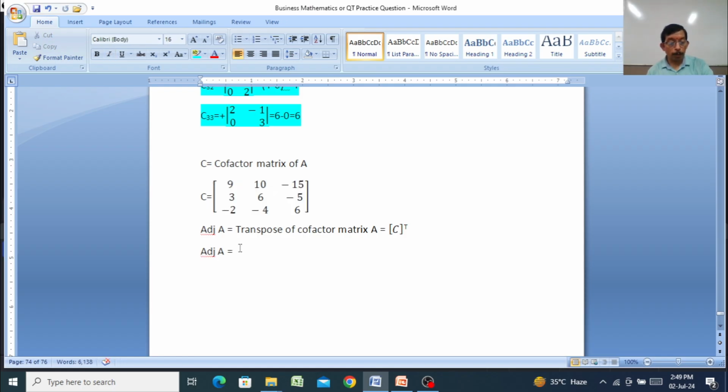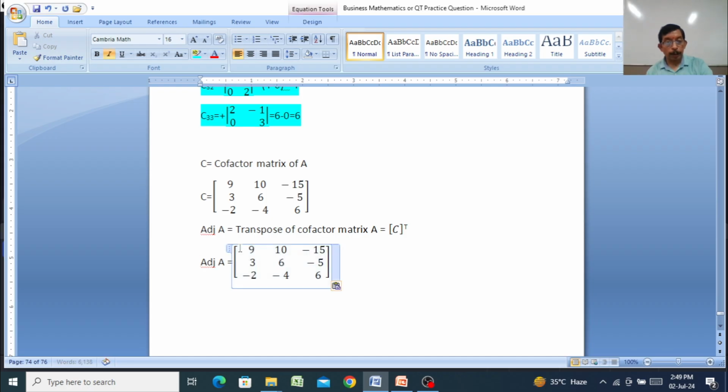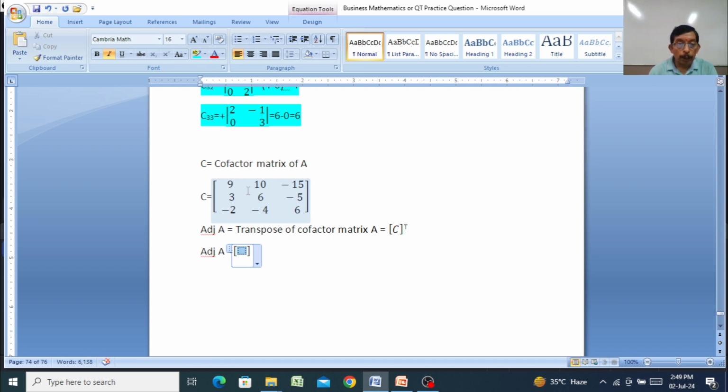Now in the cofactor matrix, the first column element is interchanged with the first row: 9, 10, minus 15 is replaced by 9, 3, minus 2.